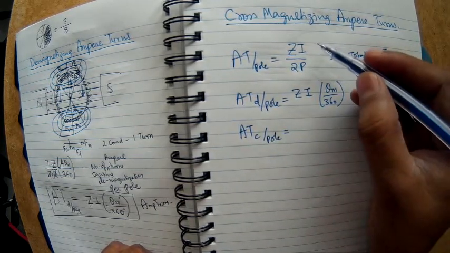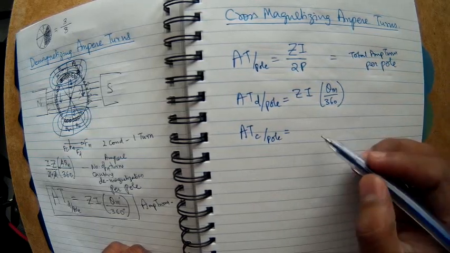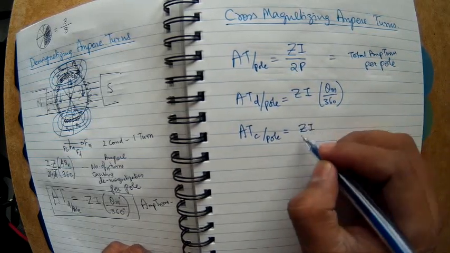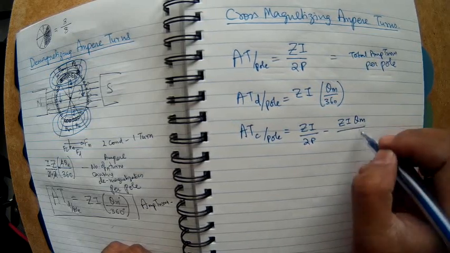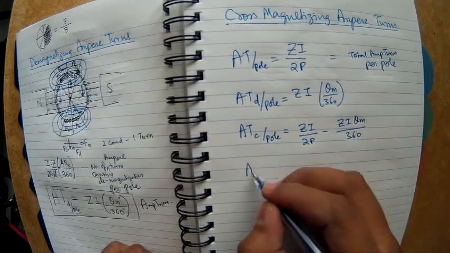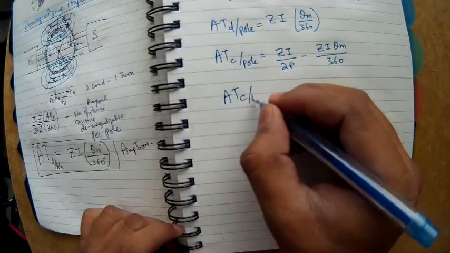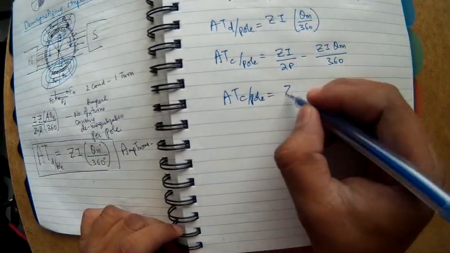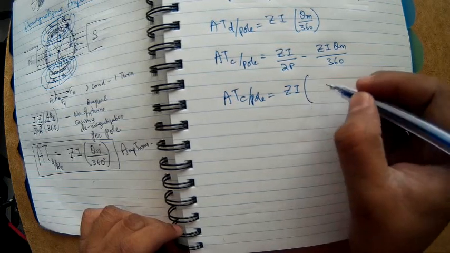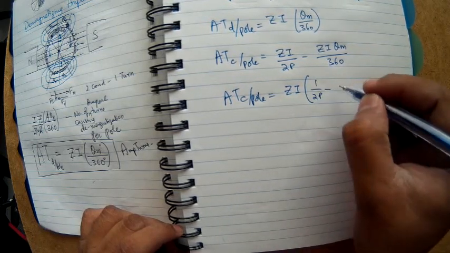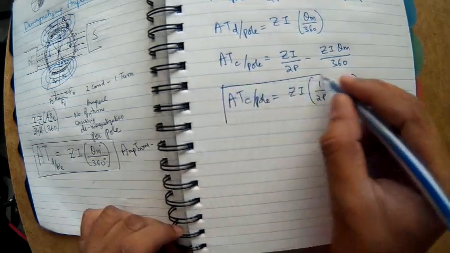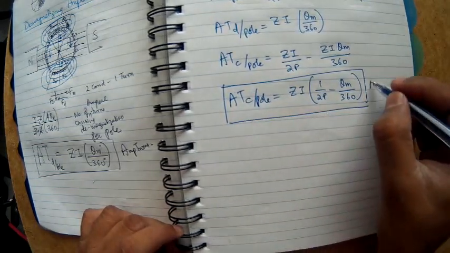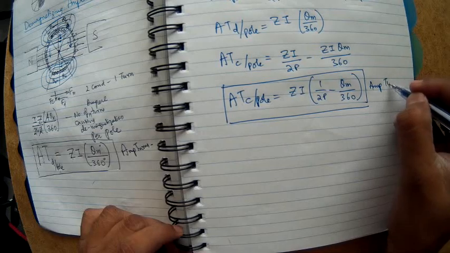So simply total minus demagnetization: I take Zi by 2P minus Zi theta m by 360. So the ampere turns causing cross magnetization per pole will be Zi times (1 by 2P minus theta m by 360). That's it. This is the formula for ampere turns causing cross magnetization.